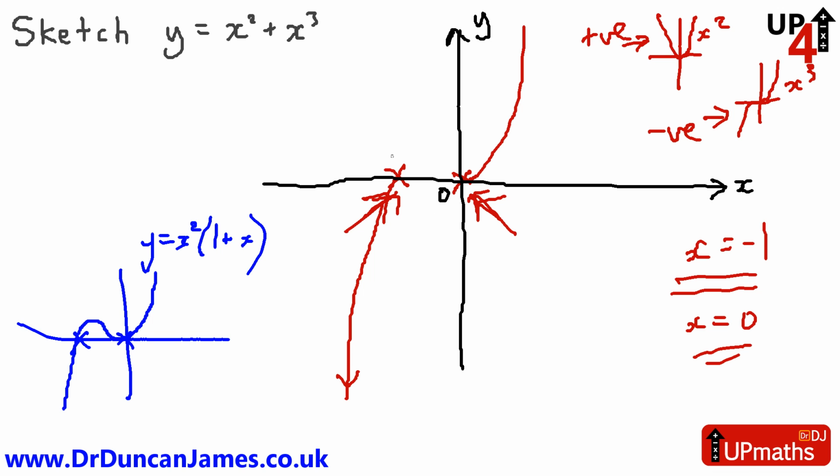But if you cube a number between minus 1 and 0, so in here, if you cube it, you actually make it smaller, because every time you multiply a fraction together it gets smaller and smaller. So the x squared briefly wins in this section.